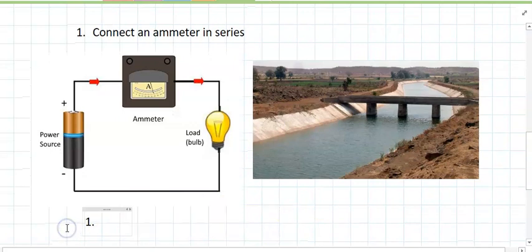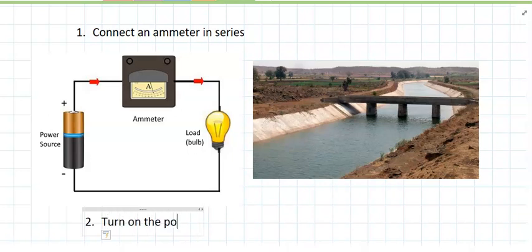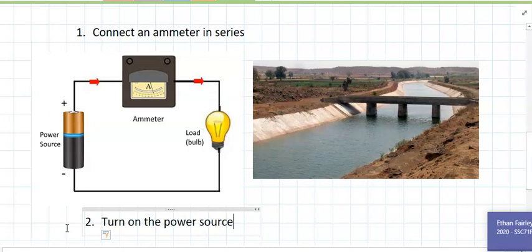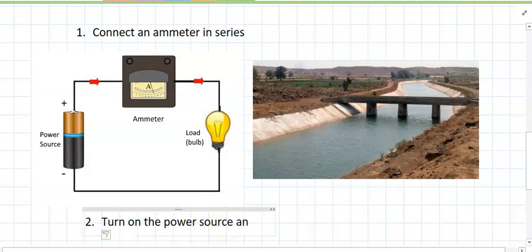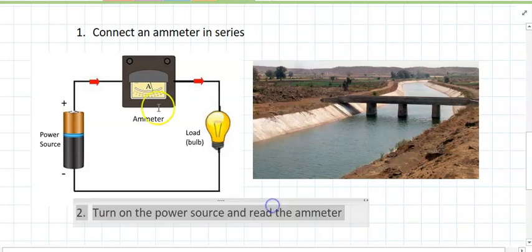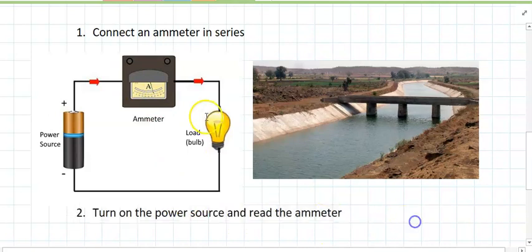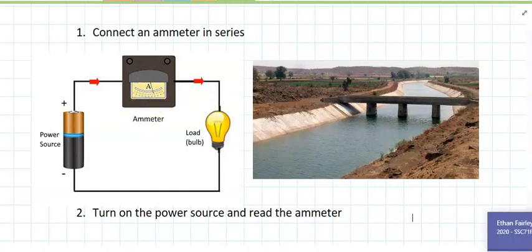So the second thing to do is turn on the power source and read the ammeter, because the ammeter, if it's an old-fashioned one, will have a needle and you read off the needle. Otherwise it might be a digital one, and that's really easy to look at the measurement of the current.